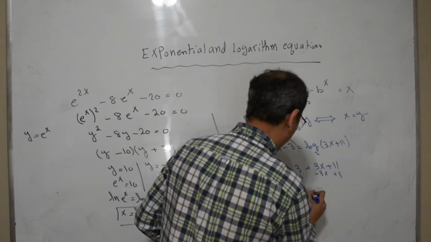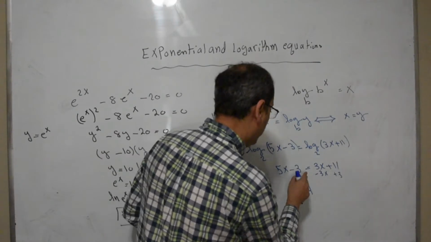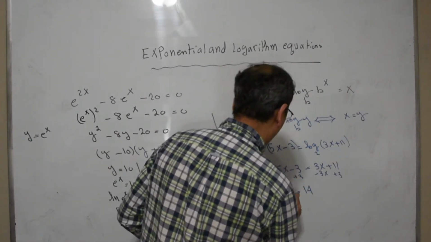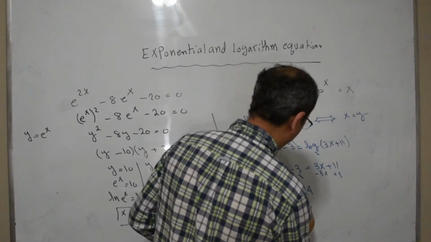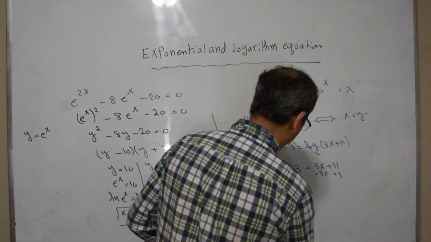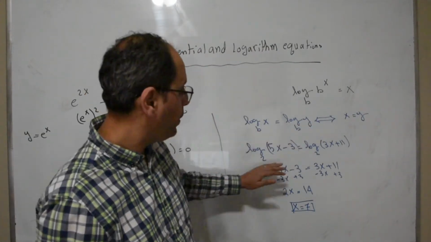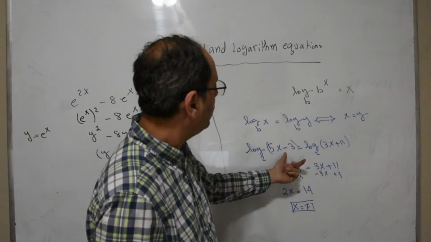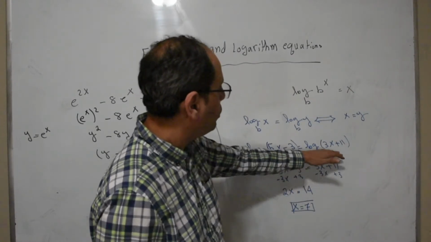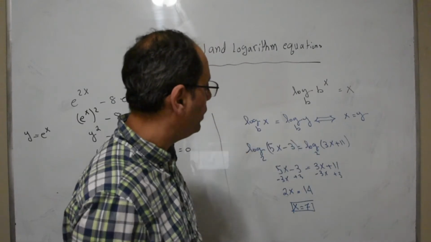Subtract 3x, so I have 2x. Therefore, divide by 2, so x is 7. Look at the rule, take the arguments of both sides, set them equal to each other based on the rule, and solve for x.